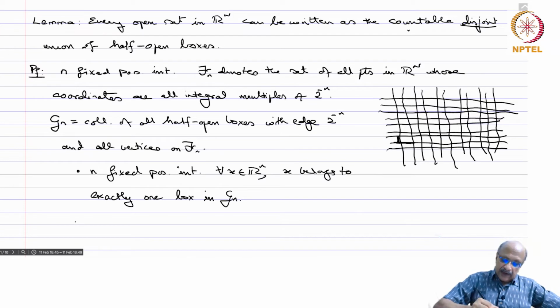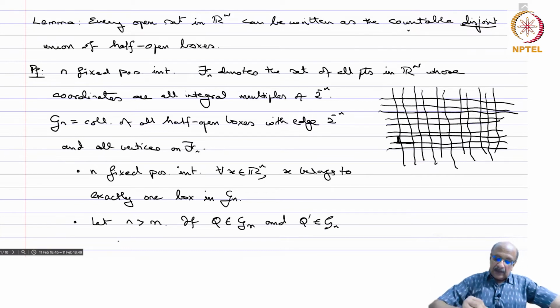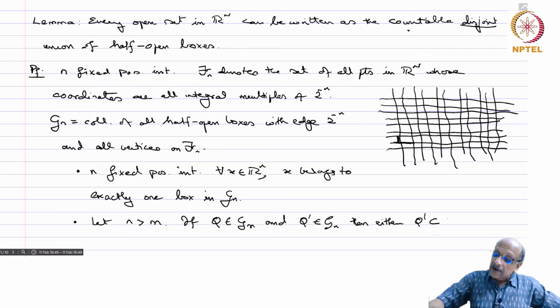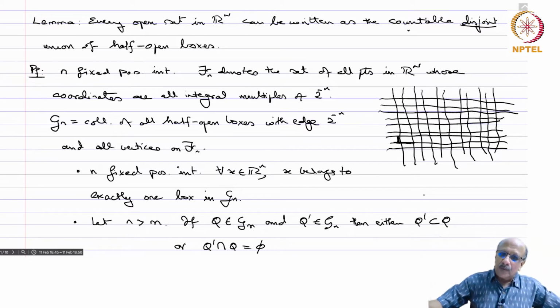So secondly, let n be bigger than m. If Q belongs to G_m and Q dash belongs to G_n, that means Q dash has a smaller size than Q, then either Q dash is contained in Q or Q dash intersection Q will be empty, because you are subdividing each cube by 2, and therefore every new cube must be either a part of the old cube or it will be somewhere else.